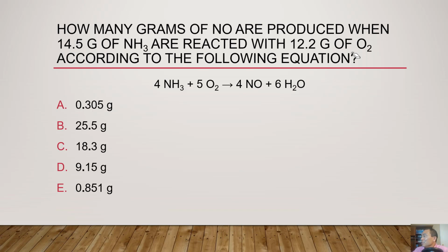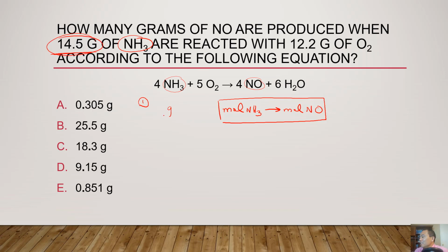The first one is based on ammonia, and you want to find out how many grams of the product, NO. So it's ammonia related to NO. Ammonia is given, so the relationship for the first calculation would be mole of NH3, because it's given, converted to mole of NO. Since you are given grams of NH3, on the left side you extend it to grams.